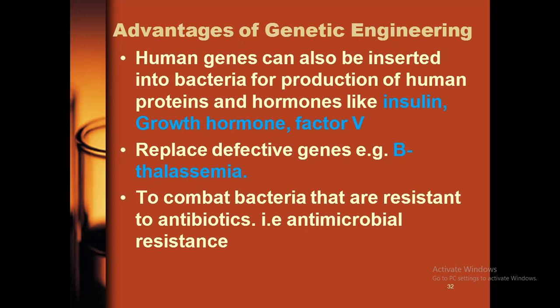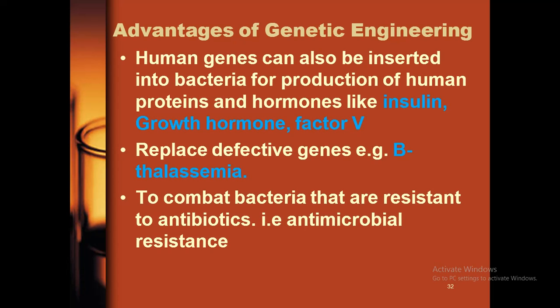And in genetic engineering, we can also replace the defective genes with the healthy ones, for example, in patients with beta thalassemia. And genetic engineering can also be used to combat bacteria that are antibiotic resistant.